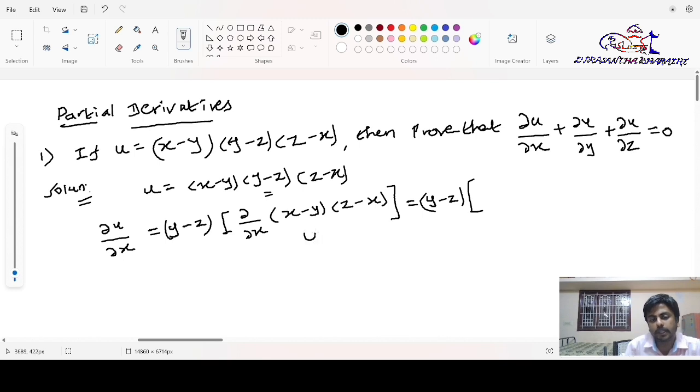You take this as u and this as v. So u v dash means x minus y will come as it is, x minus y into this z minus x. Here z is a constant, it will not involve the variable x.